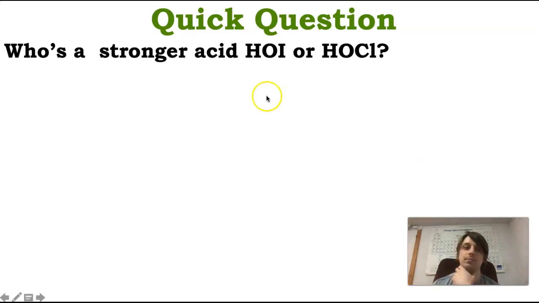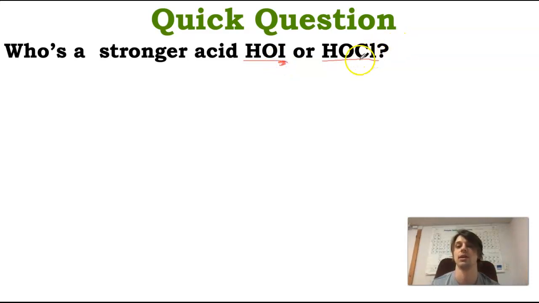Quick review question. Who's stronger, HOI or HOCl? I'd pause it and see if you remember. So this was just those three things I went over earlier when we were still in the physical class. Remember, if a substance has oxygen, I would look at who is more electronegative.